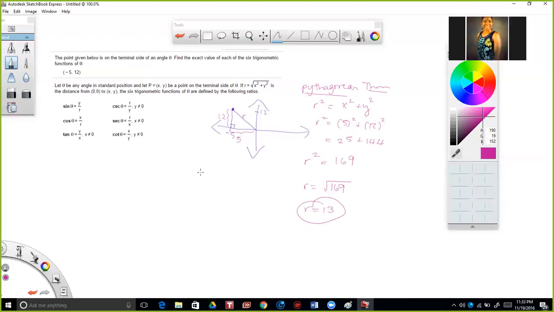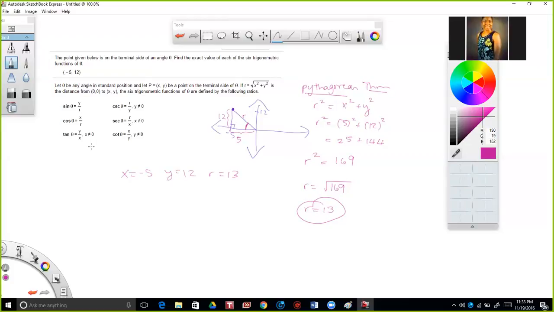So now you're able to find the trig functions of theta by the following functions. And so x is equal to negative 5, y is equal to 12, and r is equal to 13. So you just substitute. So sine of theta is y over r, the opposite over hypotenuse.